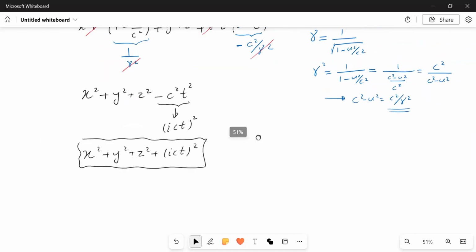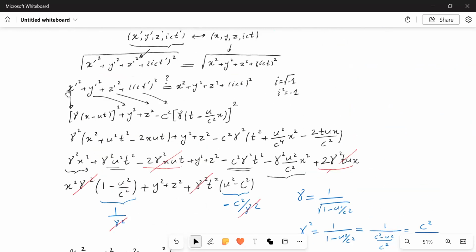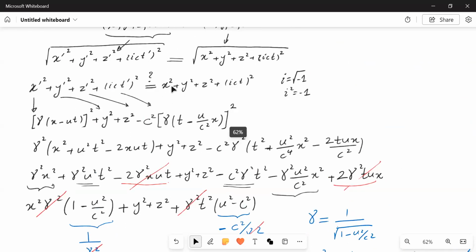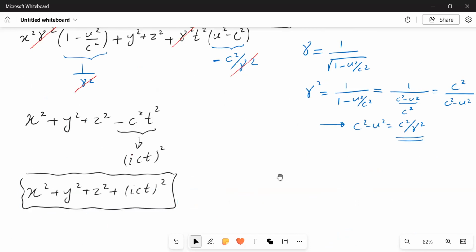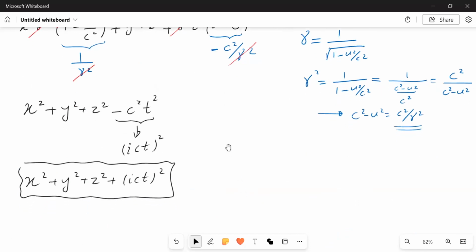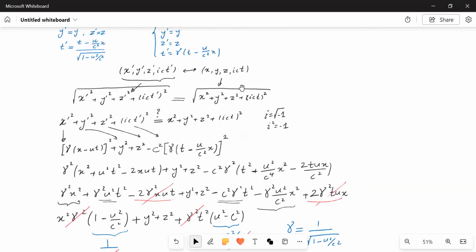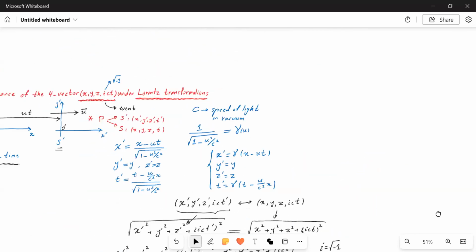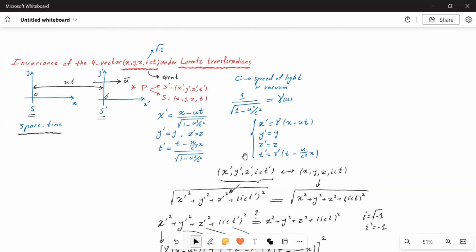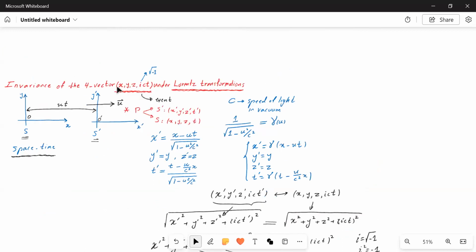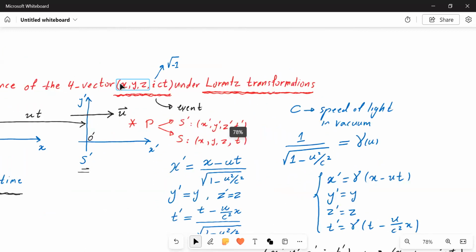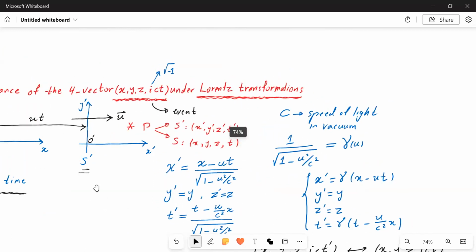So I'll zoom out a little bit so that you would see we started from the left-hand side and we ended up at exactly the right-hand side which we were trying to show. So the bottom line here is that Lorentz transformations, these set of linear transformations, actually preserve the norm of the space-time 4-vector x, y, z, and ICT.